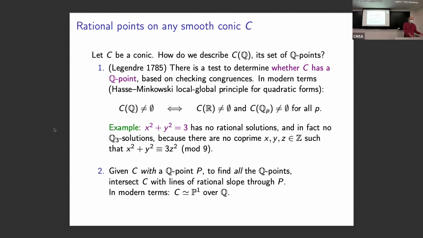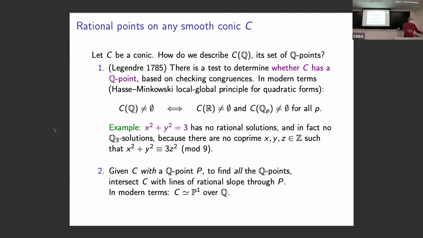In practice it's even easier for these conics, because Legendre worked it out. You can just write these conditions in terms of the existence of solutions to some congruences. Just as one example, if you take the conic, a slightly larger circle, x squared plus y squared equals 3, then you can prove that it has no rational solutions, and in fact it has no three-adic solutions.